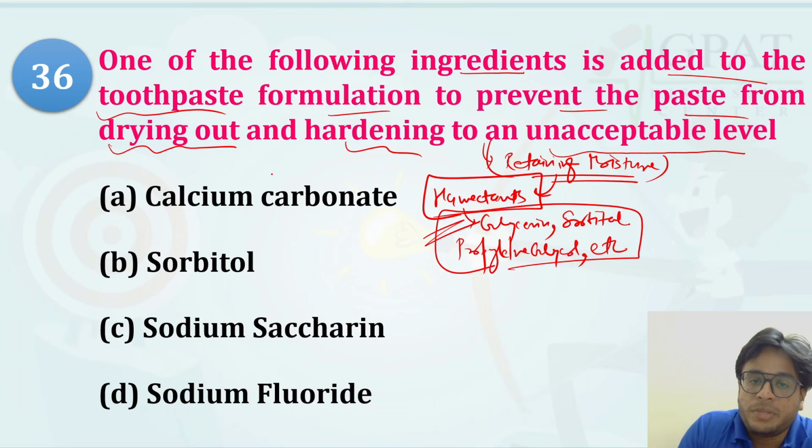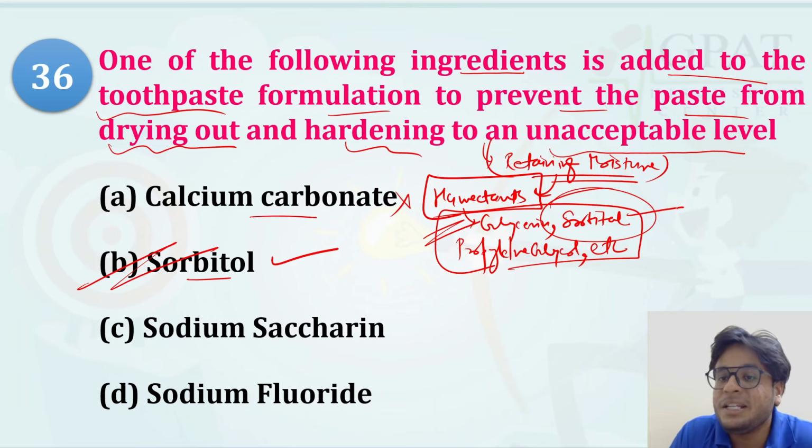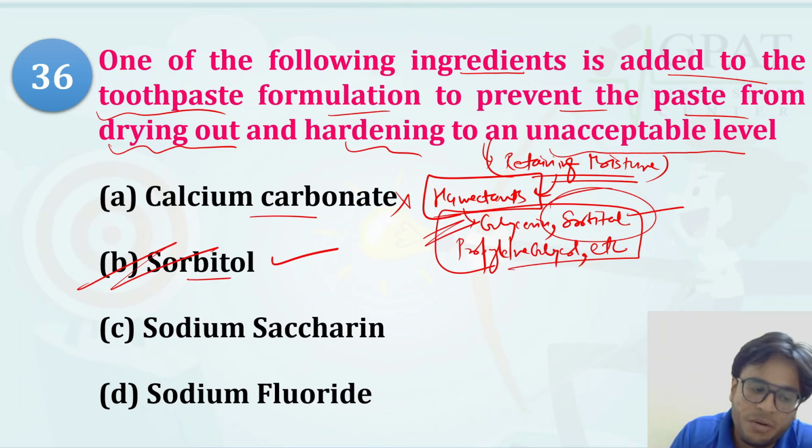So option A is calcium carbonate. No, this is not the answer. Option B is sorbitol. Yes, option B is going to be the correct answer because sorbitol is a kind of humectant that is mainly utilized to retain the moisture and protect the given formulation from drying out.